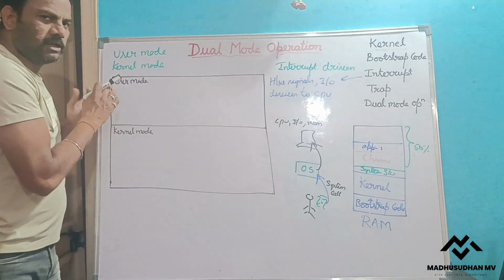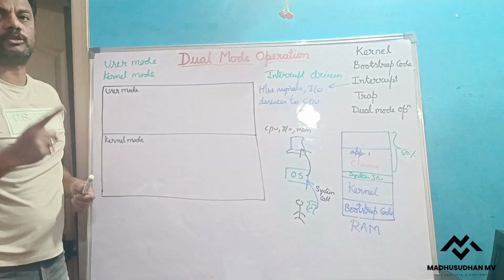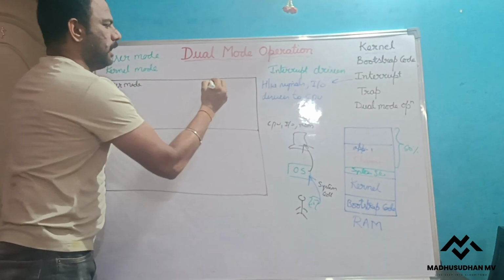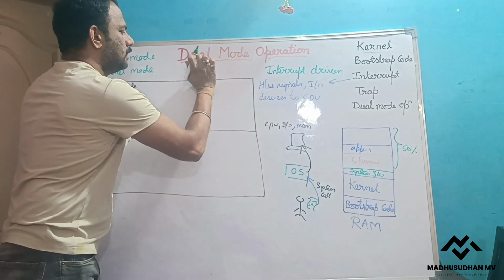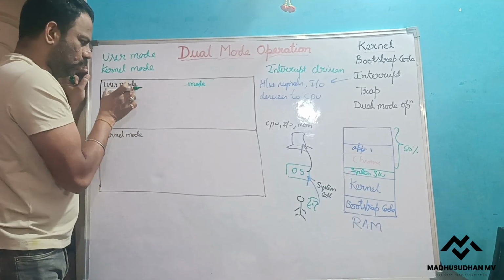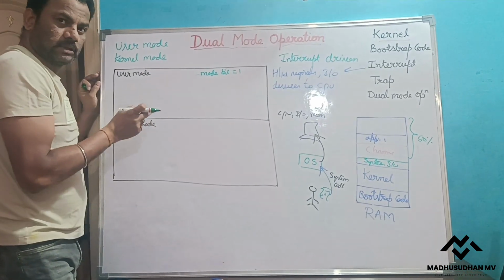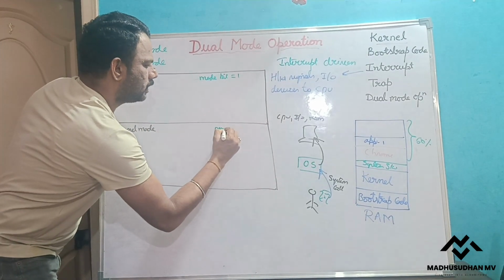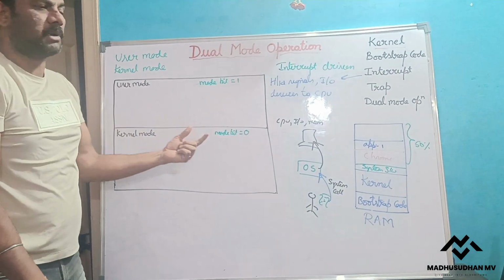In order to distinguish between these two, every operating system provides one bit, one wire, a control signal called the mode bit. If a user program is running in user mode, then the mode bit is equal to 1. If the user program is running in kernel mode, then the mode bit is equal to 0.